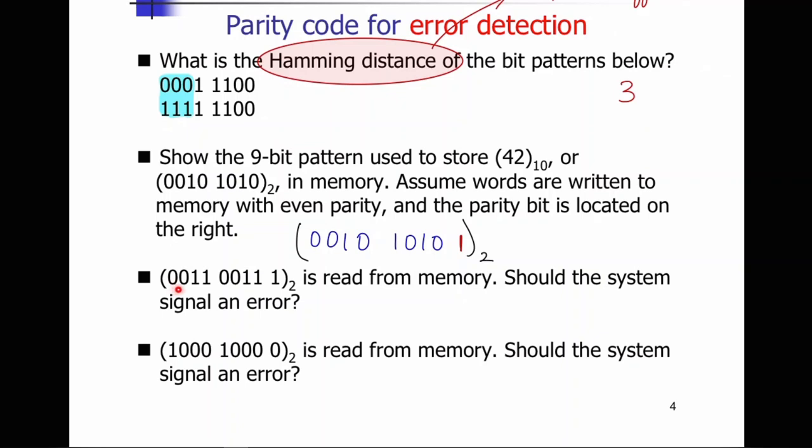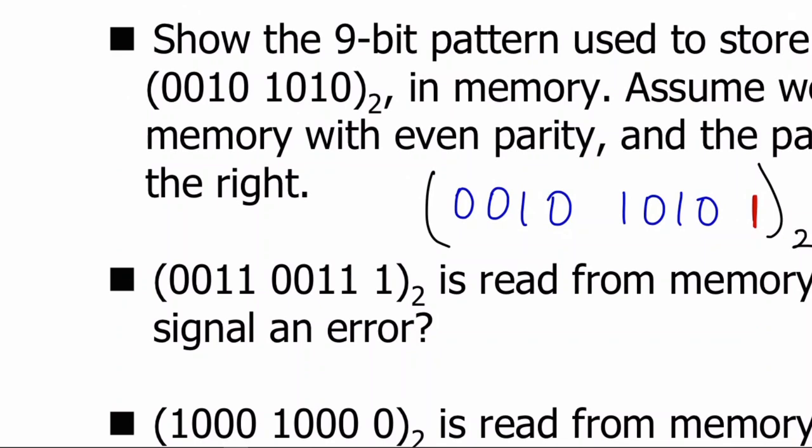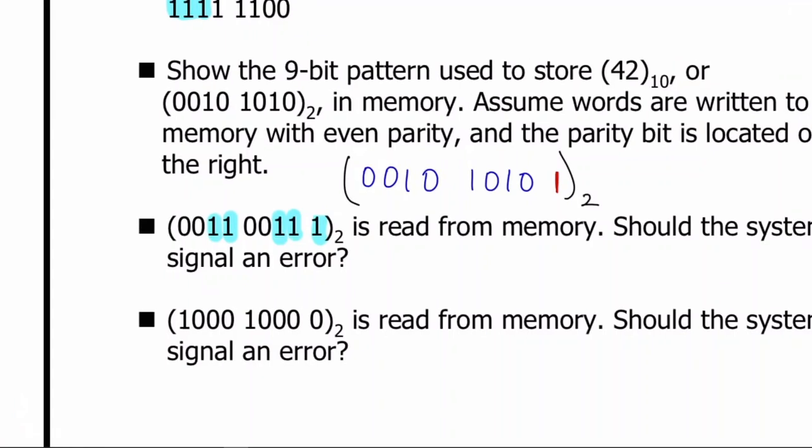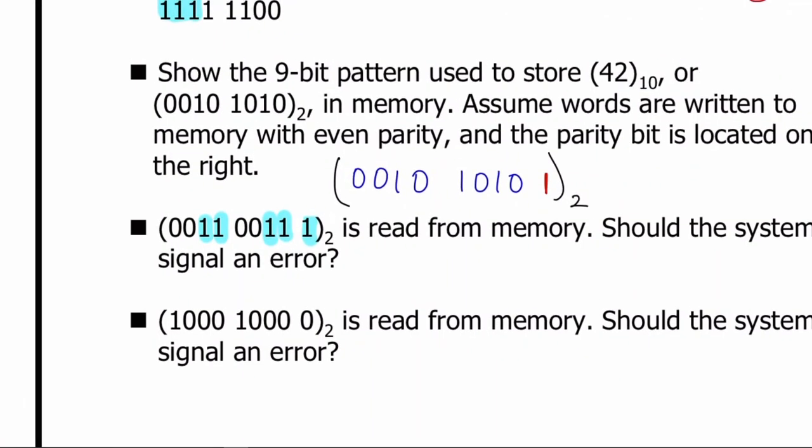As you can see here, we are simply going to have to find out the parity of the 9-bit pattern to check whether a single error has occurred or not, or should the system signal an error or not. So let's see, how many ones do we have in this pattern? We have got 1, 2, 3, 4, 5. So we have got 5 ones, which means odd parity, which means that we are going to have an error.